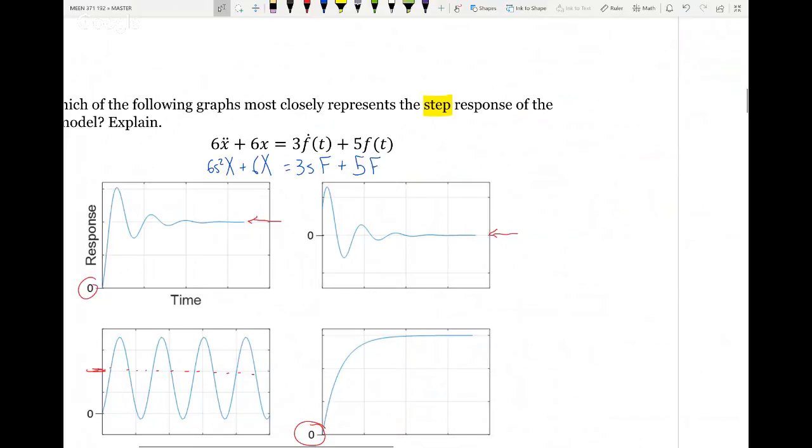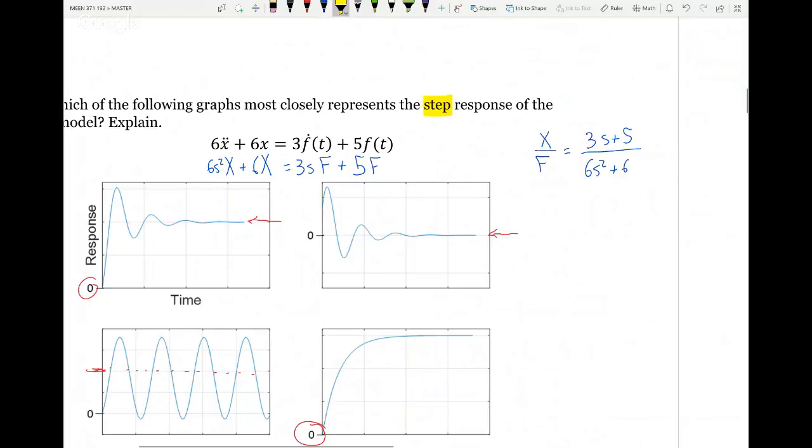So we would say X over F. I'm going to take these coefficients, put them on the bottom, leave these coefficients on the top, and move this F over. So we get 3s plus 5 divided by 6s squared plus 6.